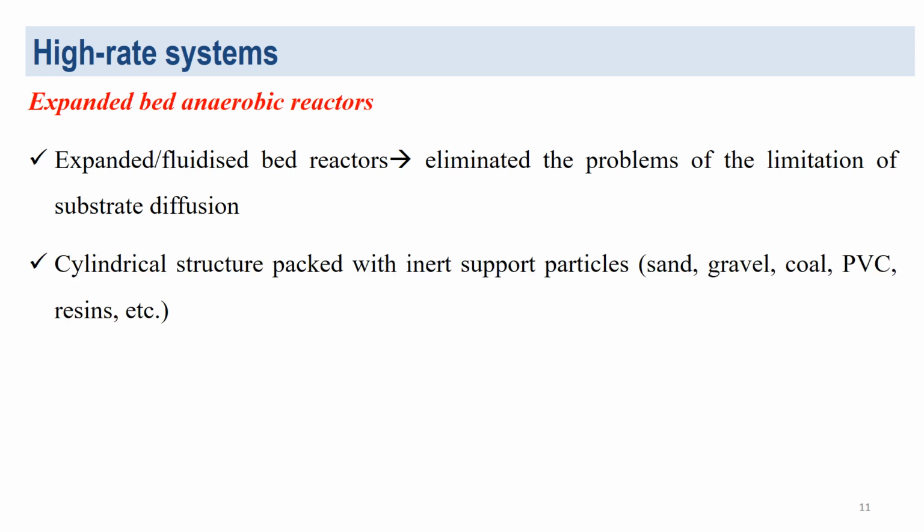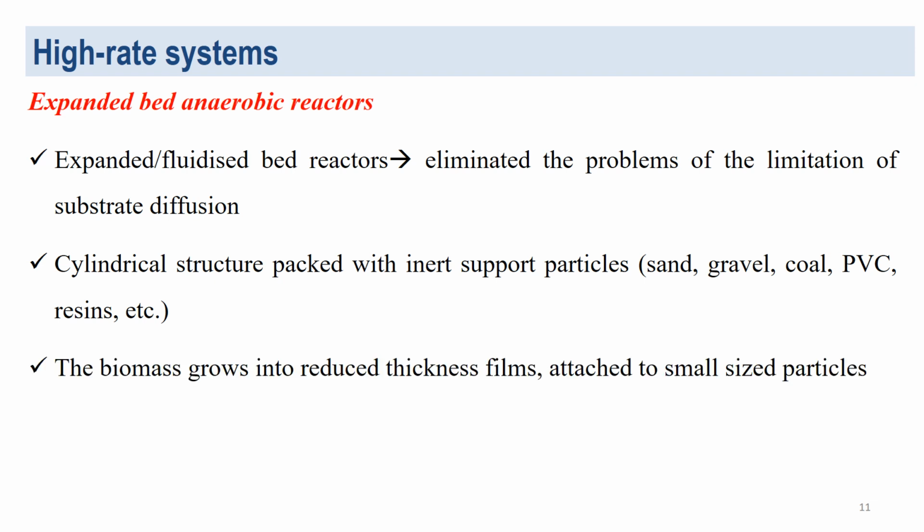Several typical materials have been used as support media, including sand, gravel, coal, PVC, and resins. The biofilm grows attached to the particles, which are expanded by the upward velocity of the liquid, increased by the high rate of recirculation applied.